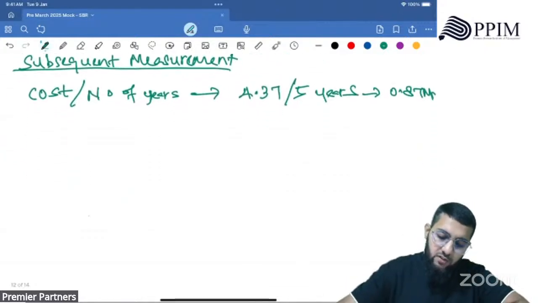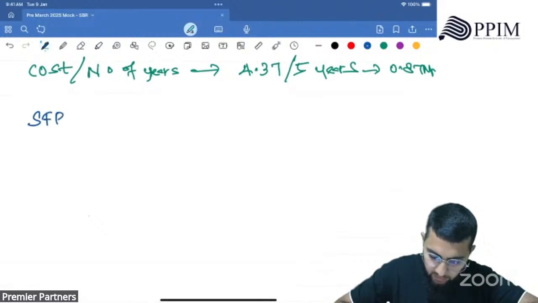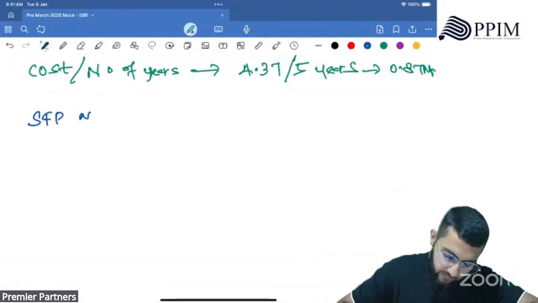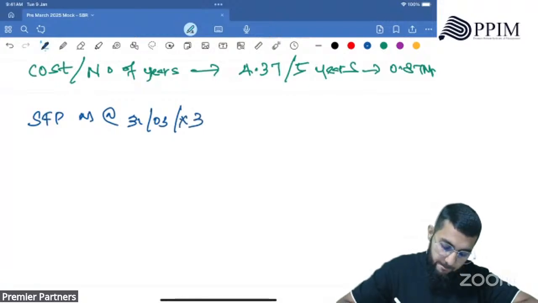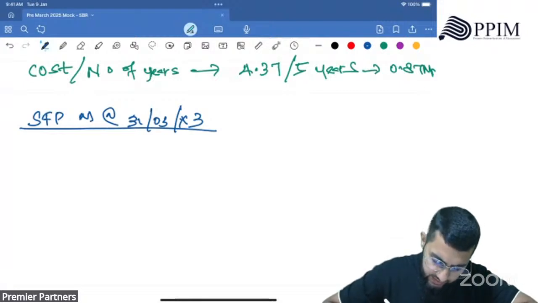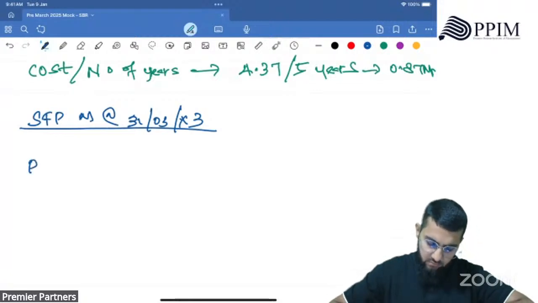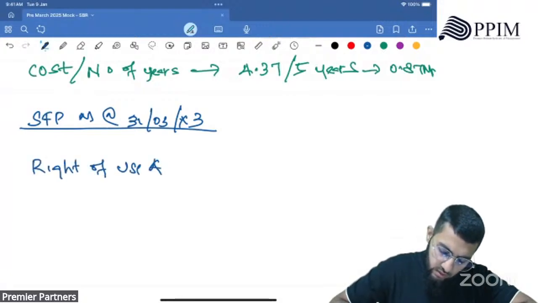Now you quickly will have to show the presentation, SFP as at 31st of March X3, right? There we are going to have a right of use asset under the asset section.